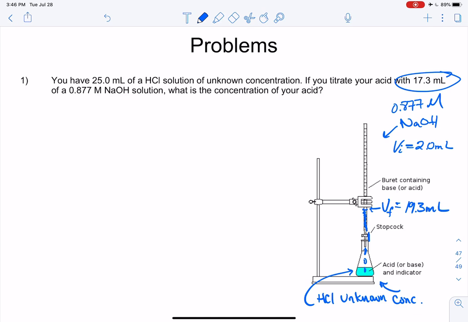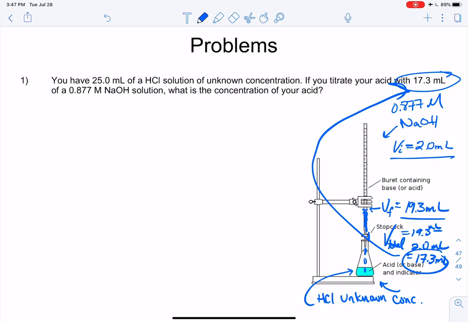And we've got base in there right there. Okay, so if we had initial volume of 2, we read the bottom of the meniscus for that, and a final volume of 19.3, then our total volume of sodium hydroxide that we drained would be 19.3 minus 2.0, and of course that's milliliters and milliliters, and that's going to give us 17.3 milliliters. Okay, so that's where that number came from right there.